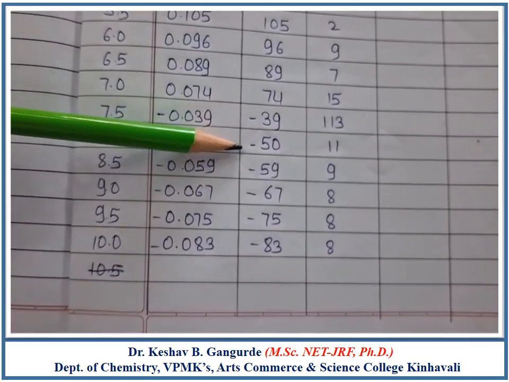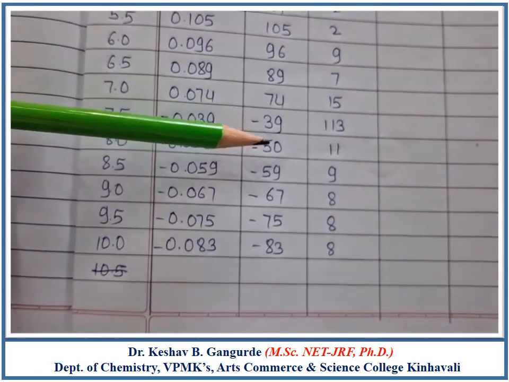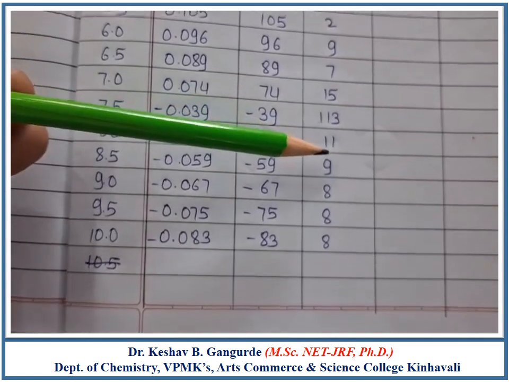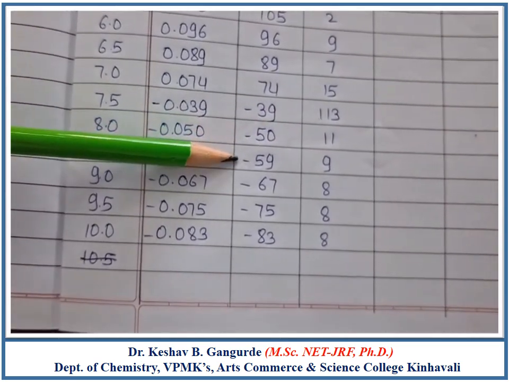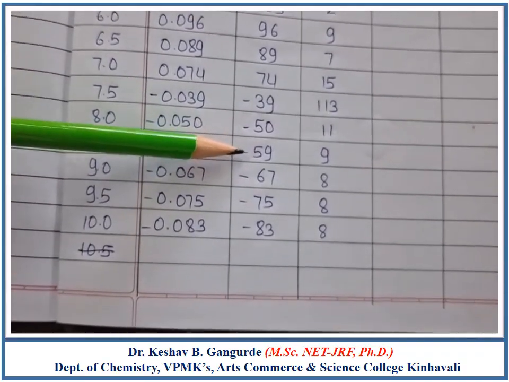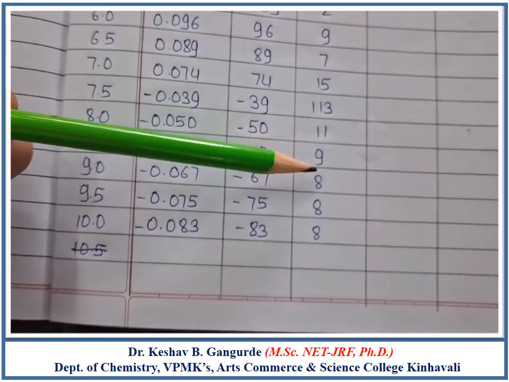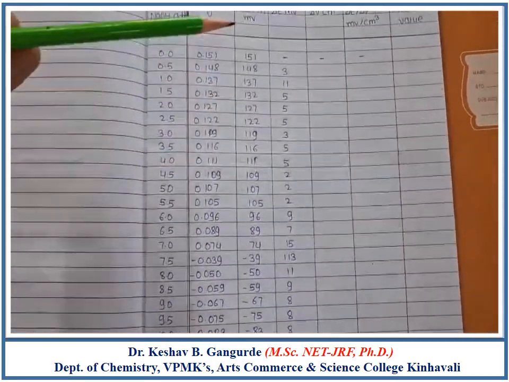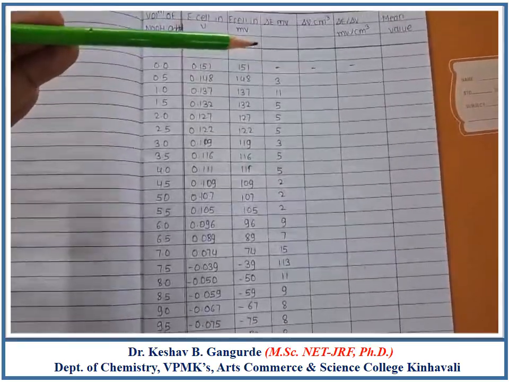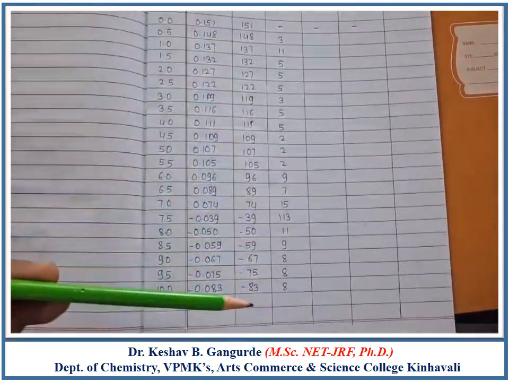Minus 39 minus minus 50 is equal to 50 minus 39 equal to 11. Minus 50 minus minus 59 equal to 59 minus 50 equal to 9. So let's calculate delta E for all the potential values in millivolt.